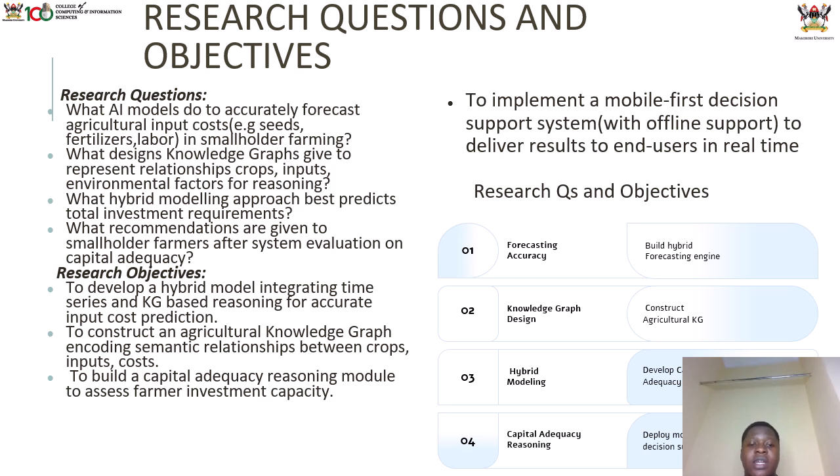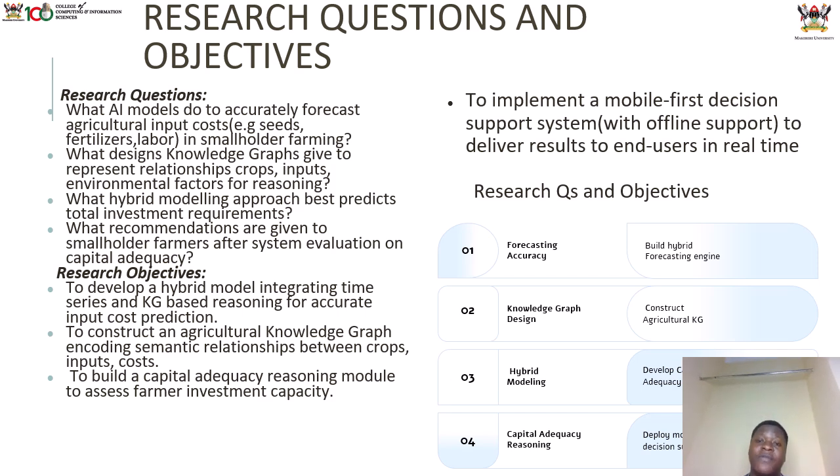Then to construct an agricultural knowledge graph, which encodes semantics between different features of the data. For example, the relationships between crops and their input costs, the relationships between districts, crops and regions. Then to also build a capital adequacy reasoning module to assess farmer investment capacity.